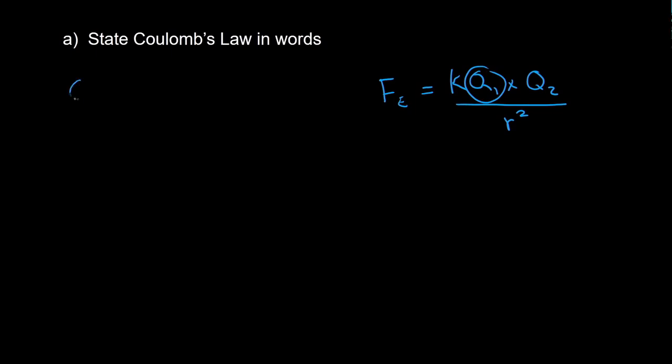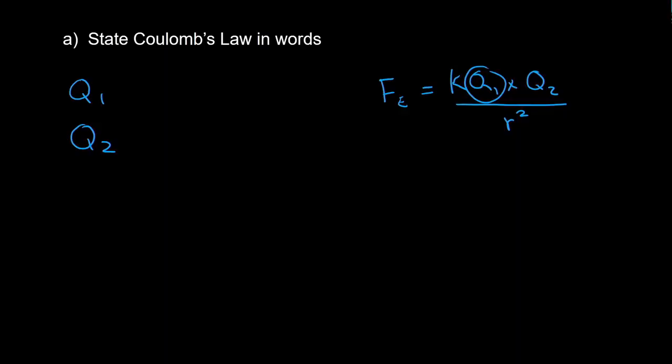So we're talking about the magnitude of the electrostatic force that point charge 1, represented by Q1, exerts on point charge 2, represented by Q2, that is directly proportional to the product, that's a good word, product of their magnitude of charge, and inversely proportional to the square of the distance between them.